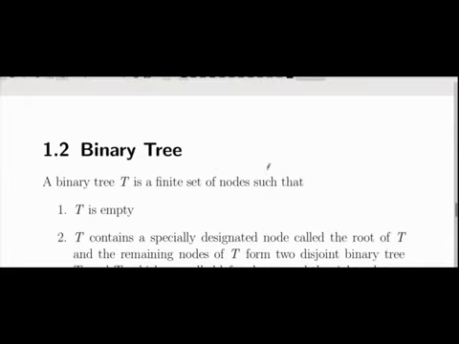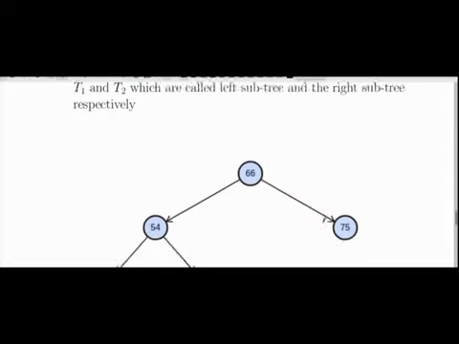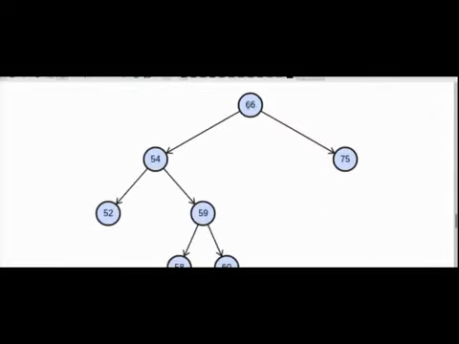Binary tree is defined as a set of nodes such that it can be empty and it has a specially designated node called root, and the remaining nodes of T form two disjoint binary trees, T1 and T2. Or simply I can say that there exists a root node and each node will be having at most two children.